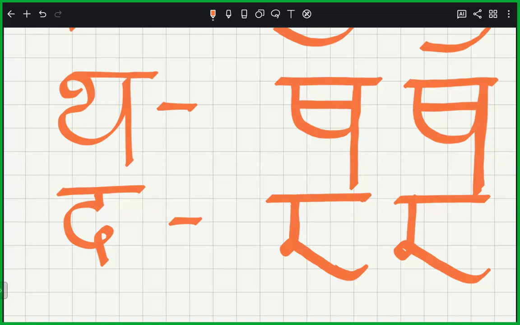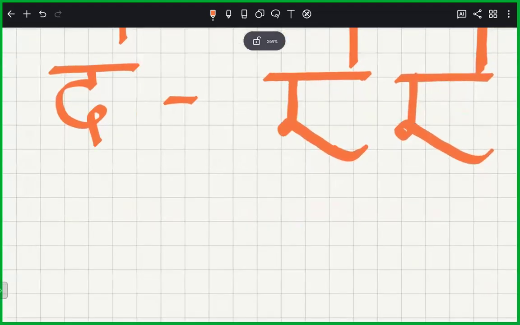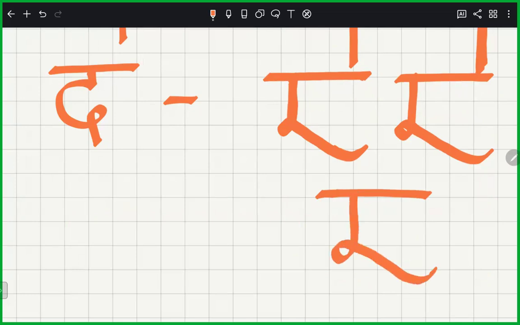And this becomes the letter. Now I'm going to draw dh also here so that you can see the clear difference between dh and d. This is dh. See the similarities and the differences. This has a round here.